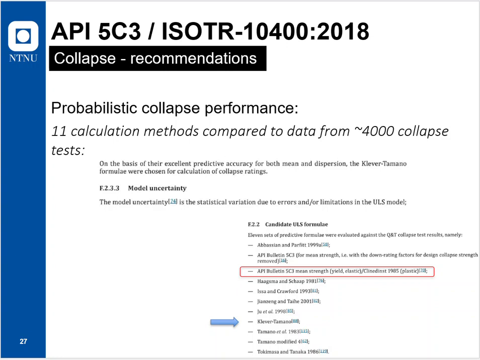As you see here, it's a probabilistic method as a background for the calculation of collapse resistance.